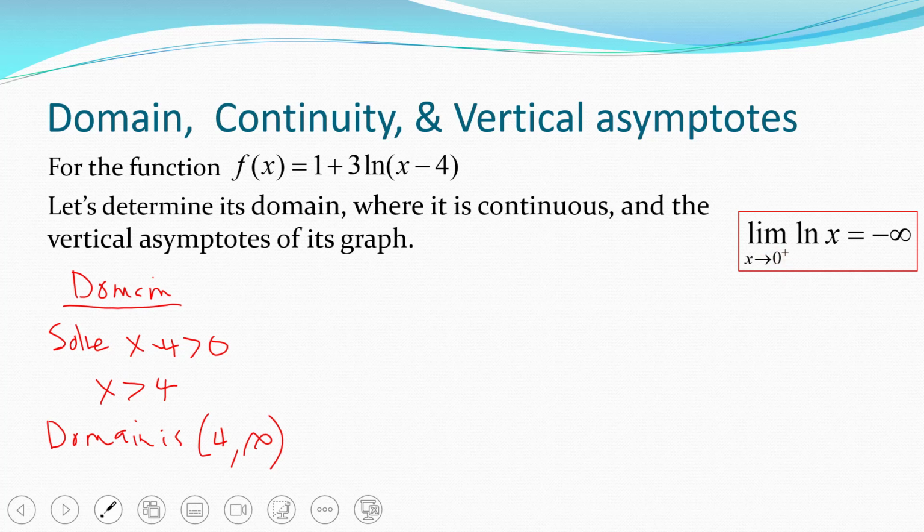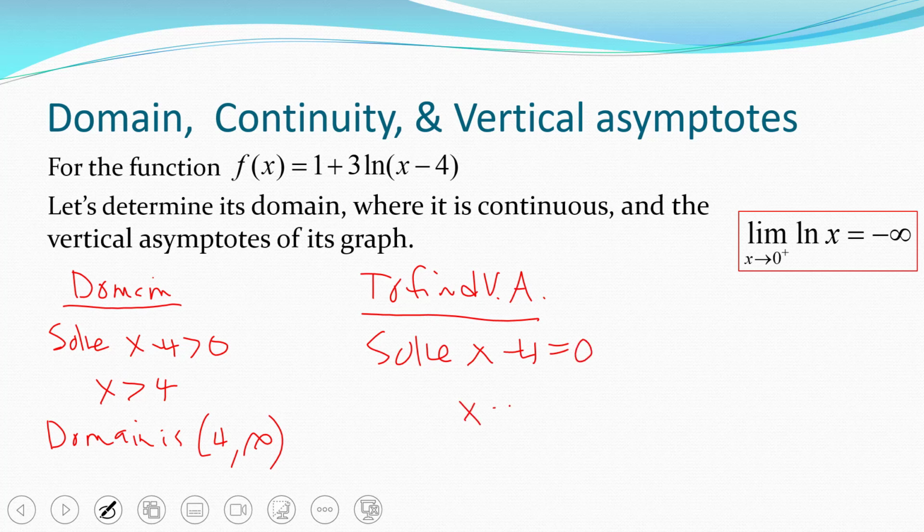So to find the vertical asymptotes, I'm going to solve that x minus 4, the input for the natural log, is 0, which means x equals 4. And that's it. That line is the only place where we can get a vertical asymptote. And we do. If x is near 4, you'd have the natural log go something near 0, and that will go negative infinity. All right, great.